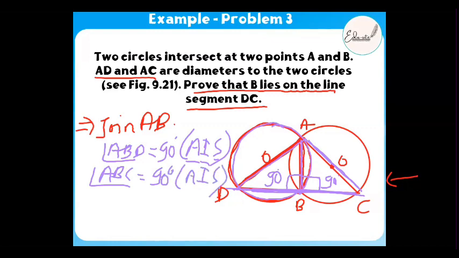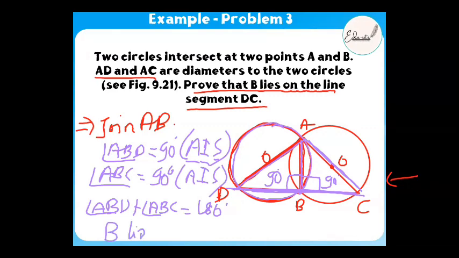It is one of the properties of the circle. Then if you add up these two angles, is it not equal to 180 degrees? Yes. Angle ABD plus angle ABC is equal to 180 degrees. 90 plus 90 is 180 degrees, which is nothing but saying that B lies on DC. Fine.